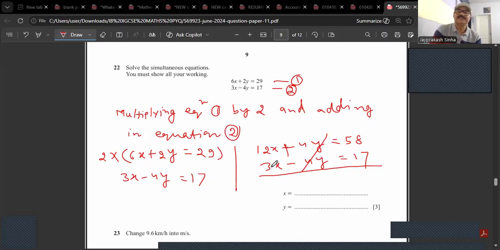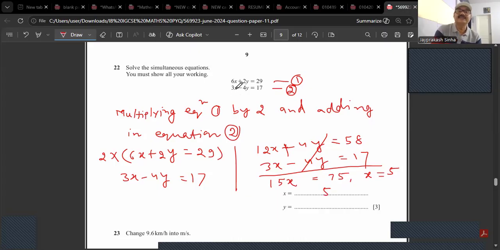So 12x plus 3x is 15x, and 58 plus 17 is equal to 75. So this is 15x equals 75. So x is equal to 75 upon 15, which gives x is equal to 5.